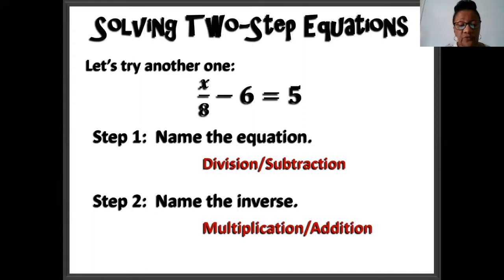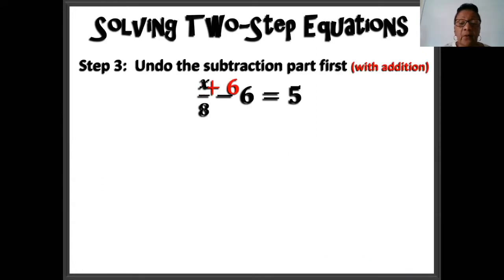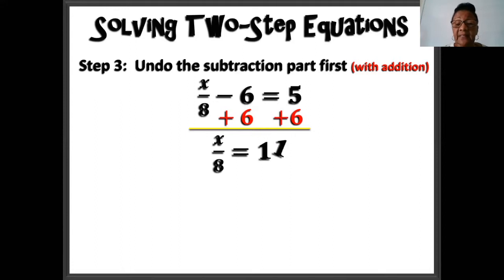Which one should we do first? We should add first. Because remember, we will do addition and subtraction first. So we add first. The 6 is canceled out and we're left with 8. So x divided by 8 is equal to 11.